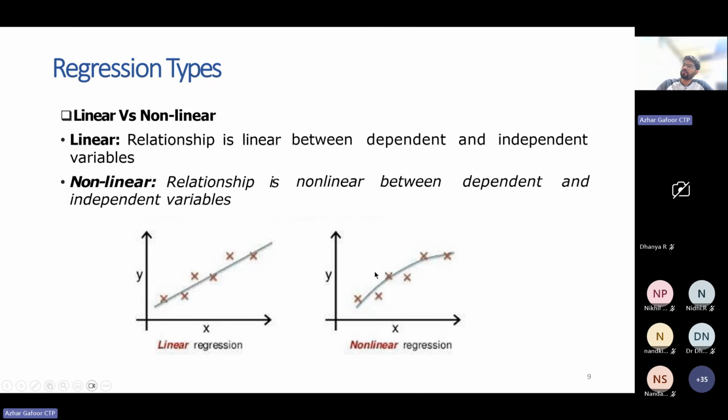Whereas if we go for higher terms like y = ax² + bx + c, then we have a non-linear relation. Non-linear relation comes from the higher order terms. So we'll have a better fit when we increase the order or the complexity of the problem, but it also becomes difficult to do the regression.